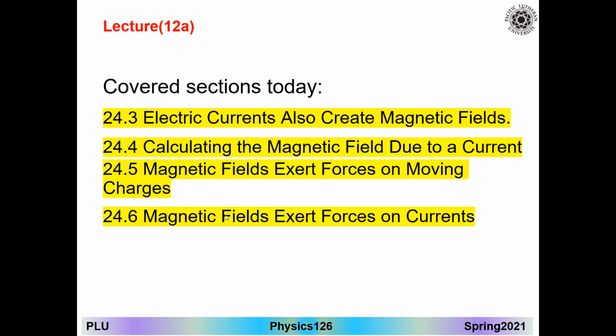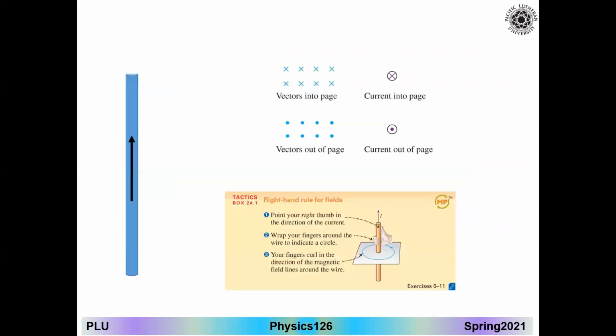We mentioned that a magnetic field can be generated by current through wires. So basically, we're going to start finding the magnetic field through the current.